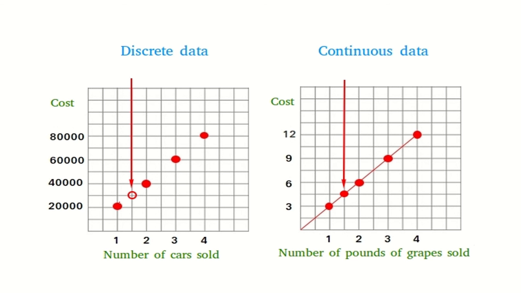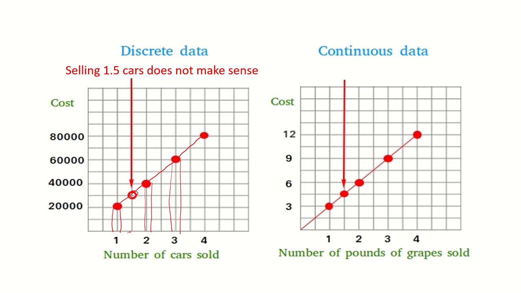Now if we draw a line and try to connect them, what about this point? It is showing 1.5. But 1.5 cars does not make sense. So this will be represented in the form of only a bar, like this.